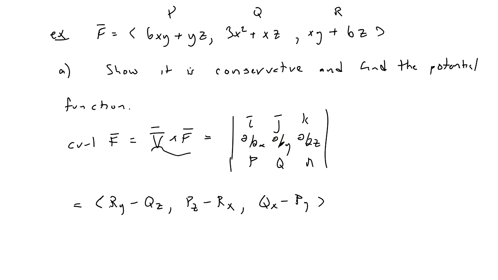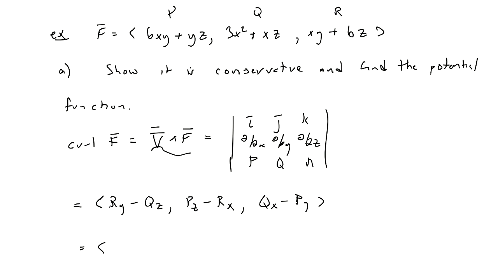So for example, if I take the derivative of the first one, p, with respect to y, I should be getting the same thing as if I take the derivative of q with respect to x. If I take the derivative of p with respect to z, I should get the same thing as if I take r with respect to x. And if I take the derivative of q with respect to z, I should get the same thing as if I take the derivative of r with respect to y. So again, all the mixed ones should be equal.